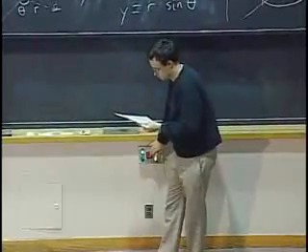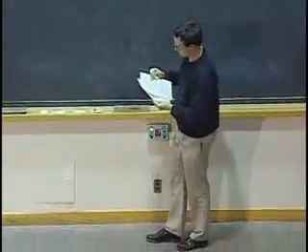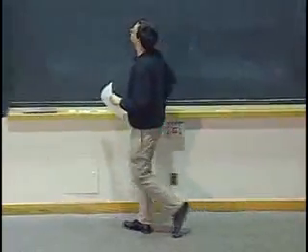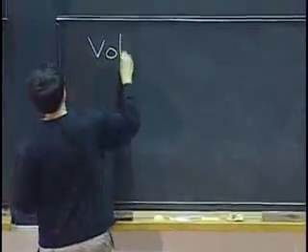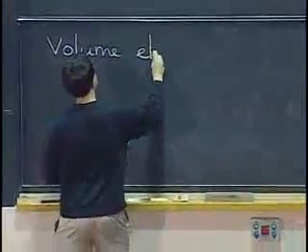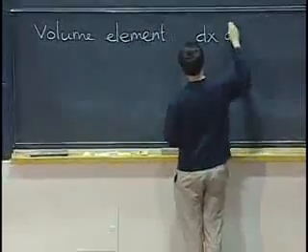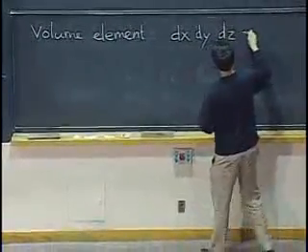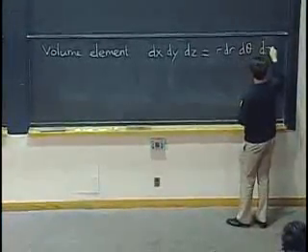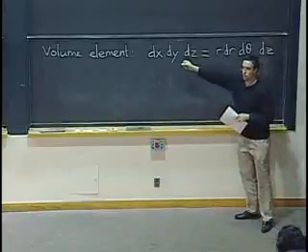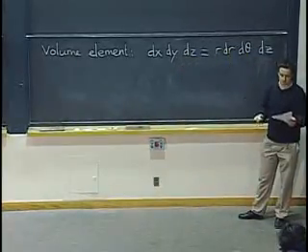Let's move on a bit. So the important thing to remember is that the volume element in cylindrical coordinates, dx dy dz, becomes r dr d theta dz. And that shouldn't be surprising, because dx dy becomes r dr d theta, and dz remains dz.